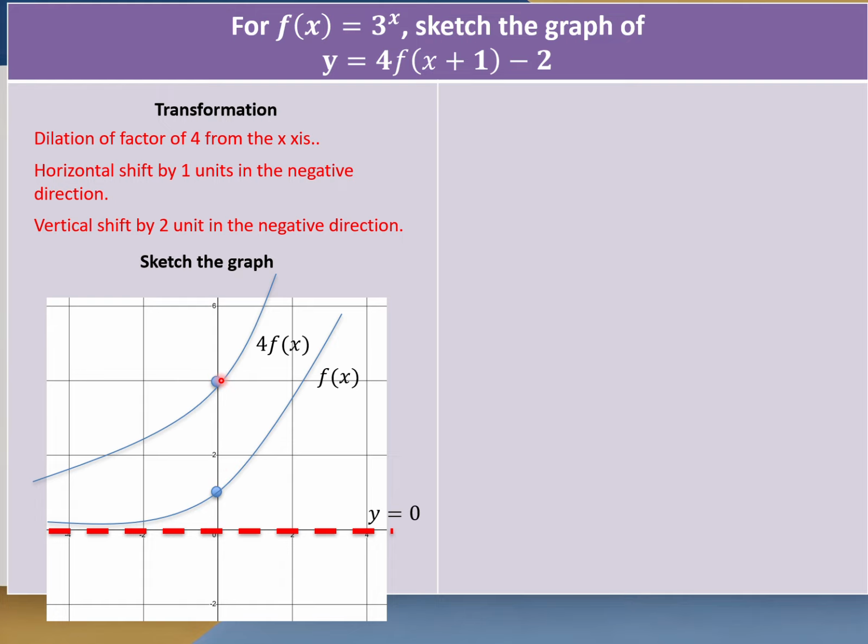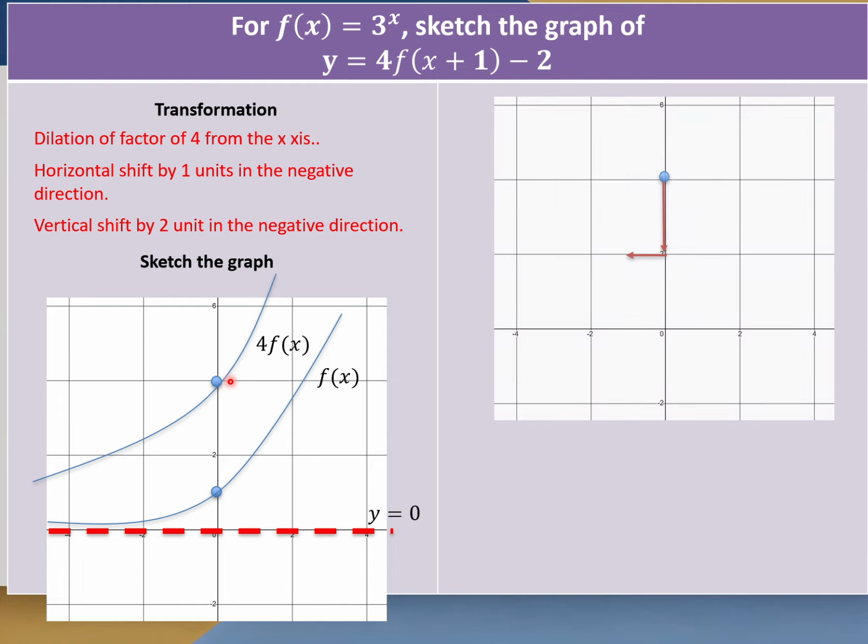So that's where my graph is already pushed up here. The next part that I need to look at is what is my horizontal and vertical shifts. I'm just going to be putting that on my graph. That says a horizontal shift by 1 unit in the negative direction. So I've gone across 1, and my vertical shift is down by 2. That gives me a point that I need.